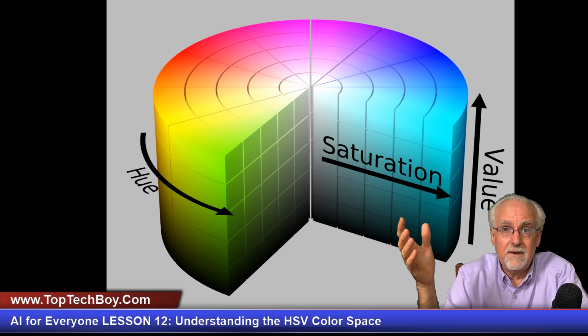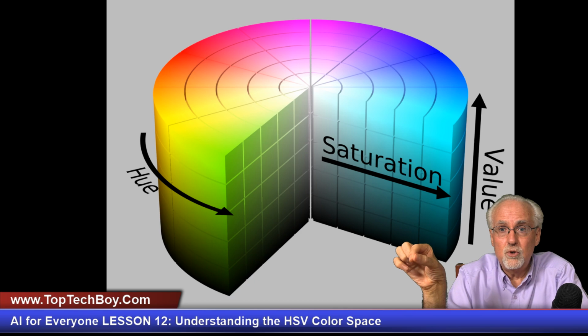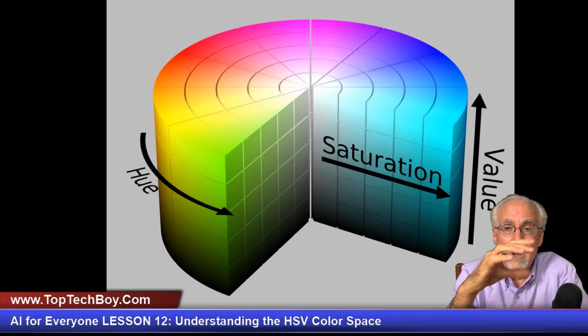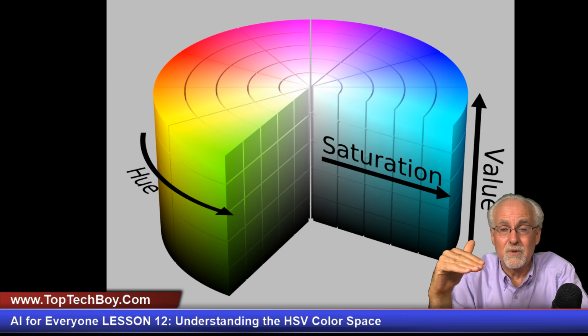Imagine that you had blue ink and you took a drop. Pure blue ink would be full saturation of 255. If you dropped a drop of ink in a glass of water, it's the exact same color, but now it's very dilute, so the saturation might be more like 2 or 3.